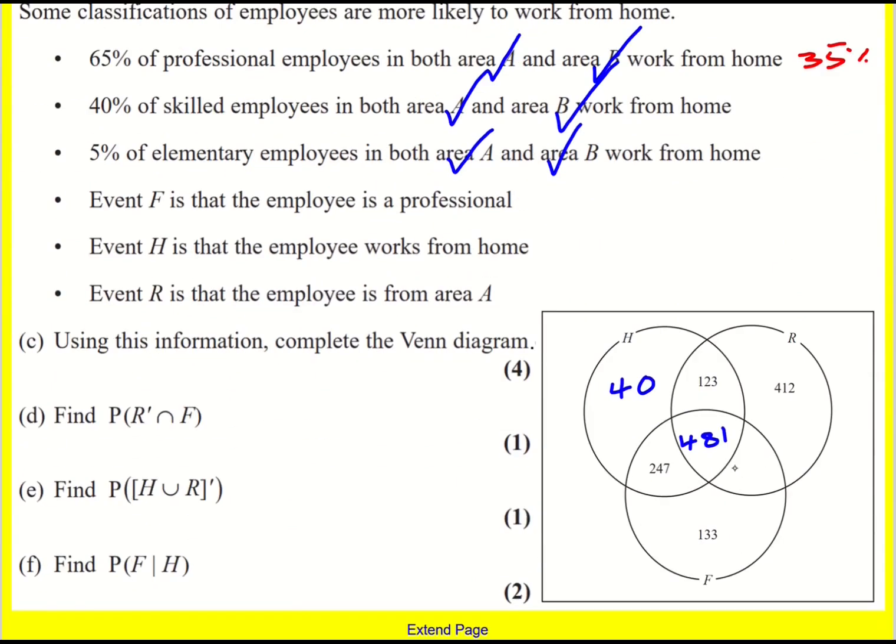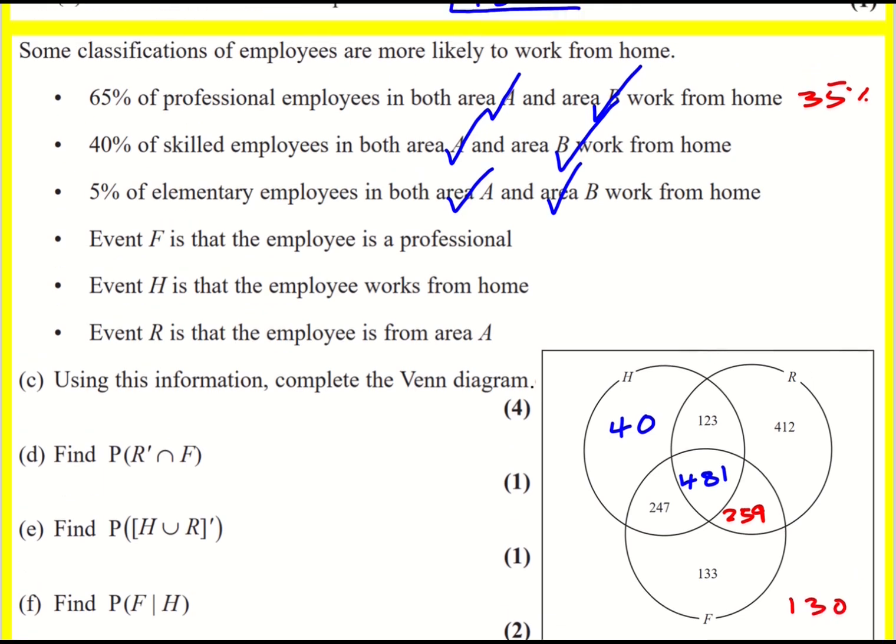So that is going to go here. And then to get the last one, there's one on the outside. So that is people who do not work from home, are not professional, and live in area B. I just did the full amount, 1825 minus all of them, which got me 130.